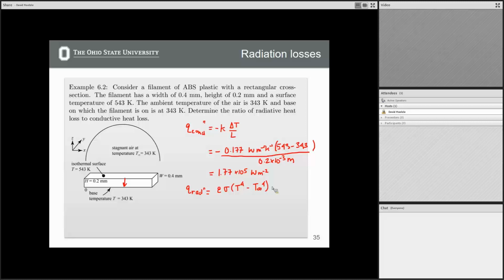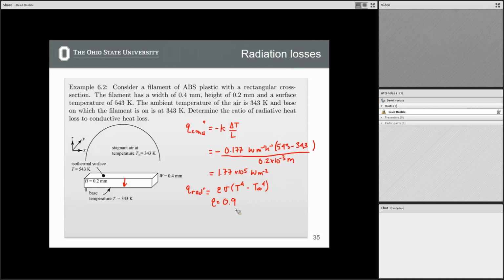If you look at tables for emissivity of plastics, they're quite high, almost 1. Looking at a bunch of different polymers, they're all in the range of about 0.91. So we're going to use approximately 0.9 just to give us a rough estimate of the ratio of radiative to conductive heat transfer. So emissivity, we'll say, is 0.9.